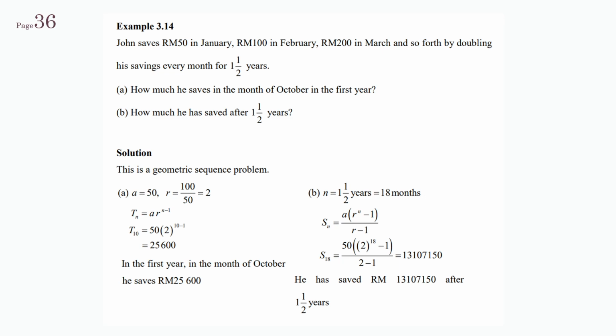It is more accurate to use months, because the question is giving you January, February, so it's in monthly terms. How much did he save in the month of October? October is month 10, so it's T10. After 1.5 years means 18 months.